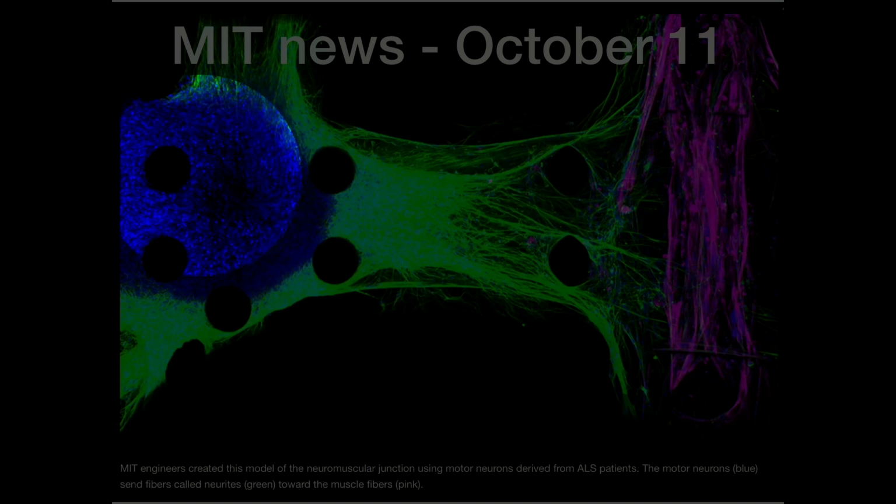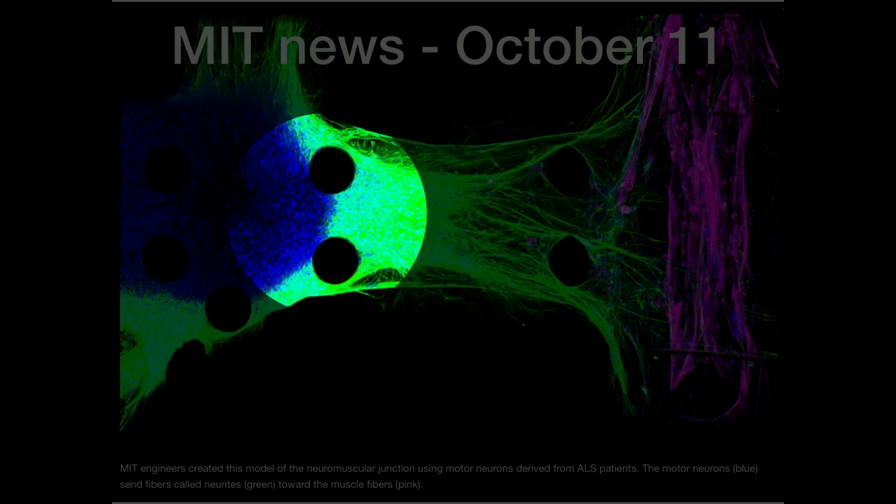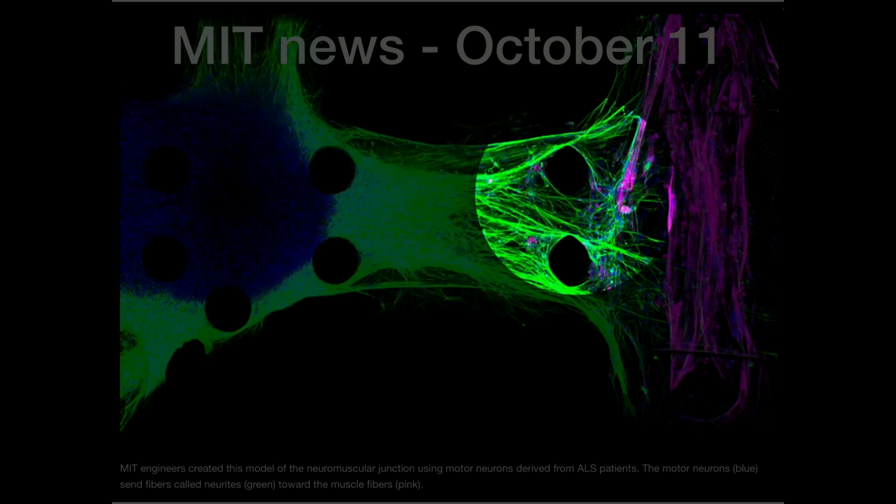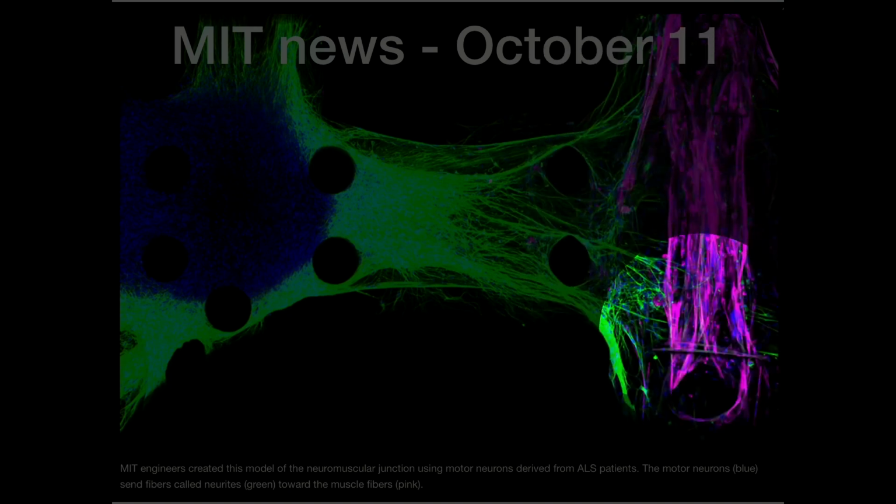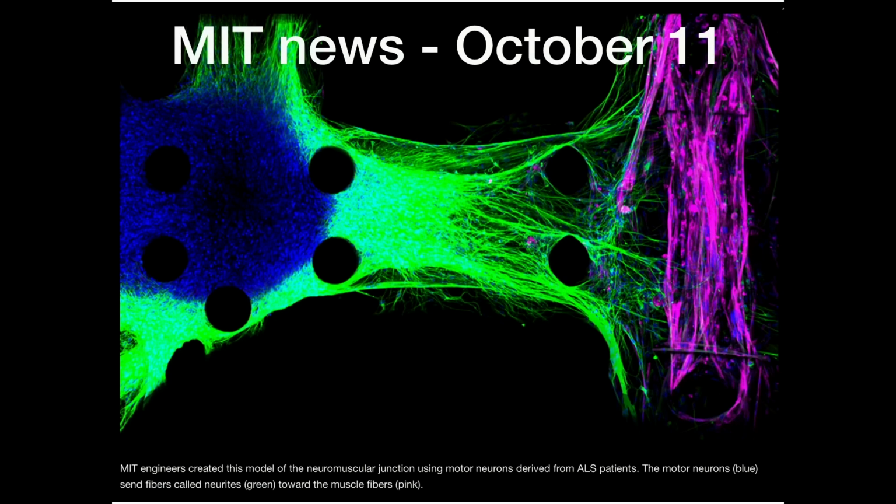Here you're seeing a neuron in blue and green here, and you see the neurites extend from this neuron, and they have a model where this neuron can then synapse with a muscle. And so they're using this 3D tissue model to model ALS and to look for drugs that might affect ALS, potentially curing ALS. Okay?